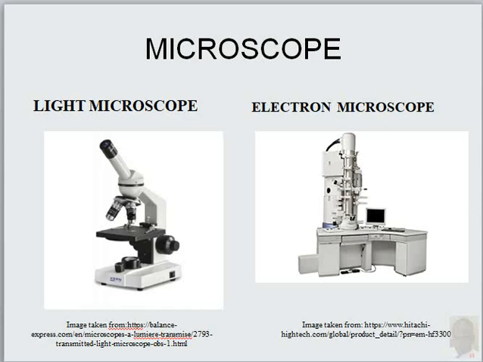Now the light microscope will allow you to see basically the cell cytoplasm, the vacuole, the nucleus, the cell membrane, and the cell wall. You'll be able to see those structures when you use a light microscope.